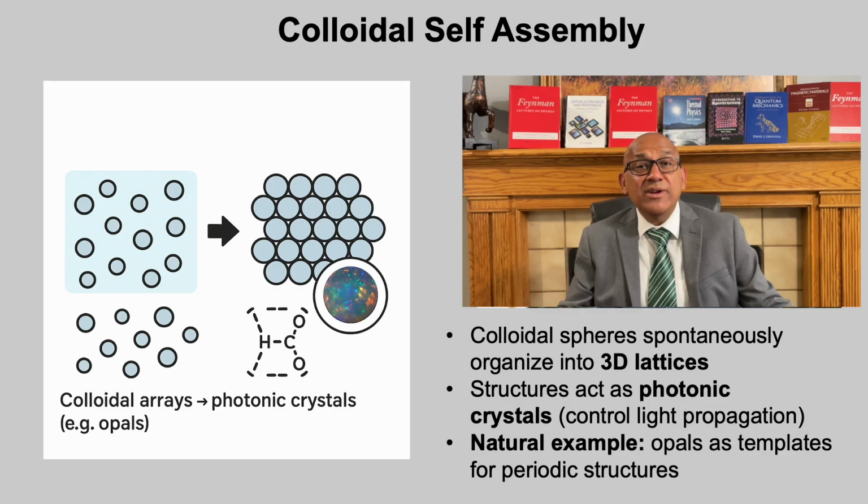A beautiful natural example is the gemstone opal, which derives its iridescent colors from the ordered arrangement of silica nanospheres acting as a photonic crystal. In the lab, scientists mimic this principle to fabricate photonic materials for lasers, sensors, and displays.